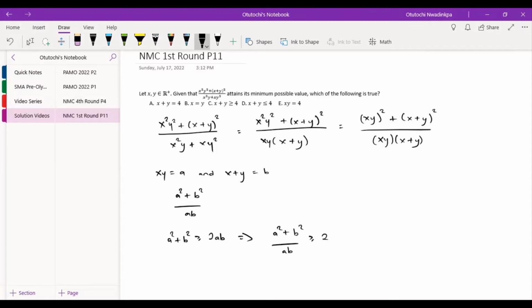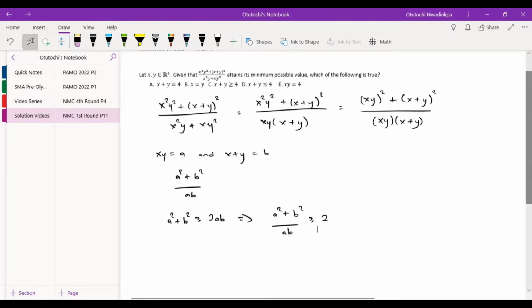So the minimum possible value they are talking about is 2. But that is not our concern. Our concern is when that minimum possible value is achieved, and we can get that, because AM-GM also tells us that the minimum is achieved at a equal to b.